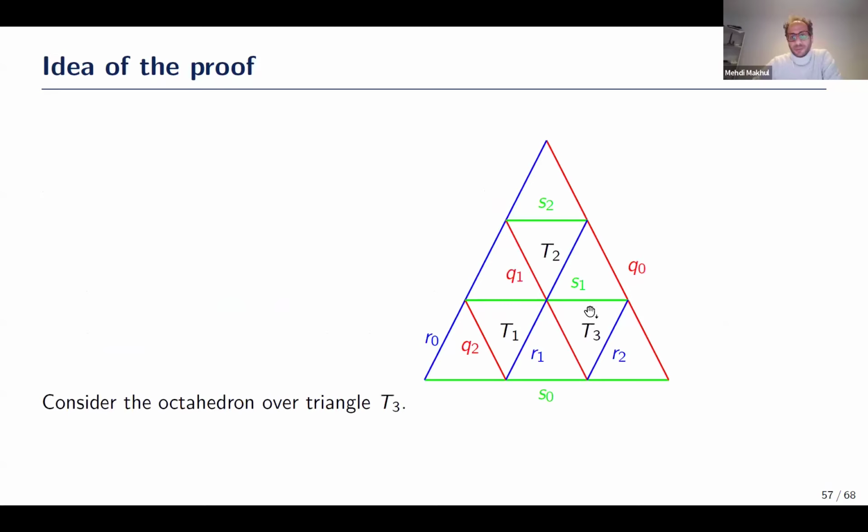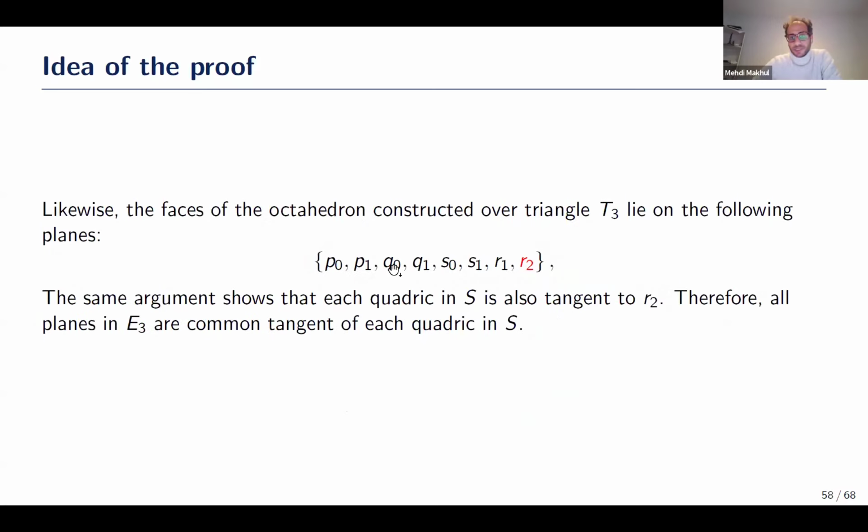Next step, we could consider an octahedron over T3. The faces of this octahedron are contained in these planes P0 up to R1 and R2. Again, the first 7 faces already are tangent to any element in S. Therefore, if I pick one element from the vector space S, that quadric is tangent to 7 faces of this octahedron.